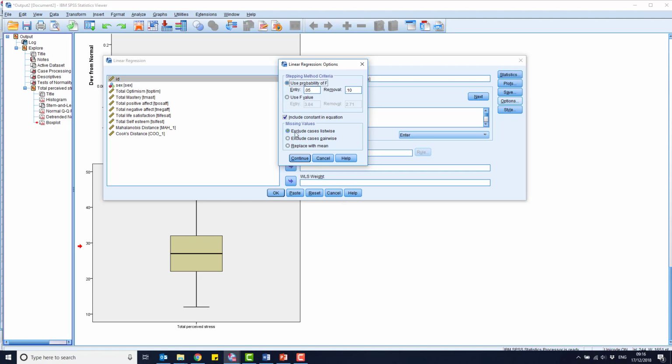So we do have a small amount of missing data in our study. We know that we have 300 people initially taking part, but actually there's some missing data. If you have large amounts of missing data, it becomes very problematic, and you'll need to think about how you handle it. Small amounts of missing data, you can probably choose listwise by default without too much concern, but you do have the choice.